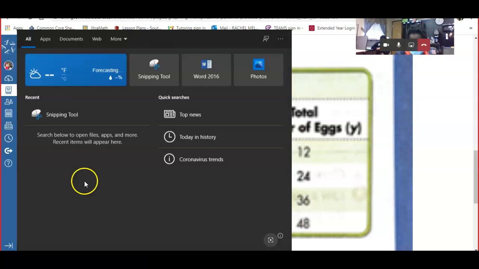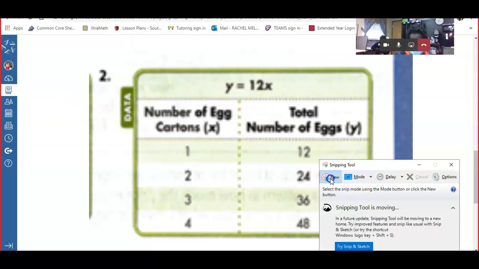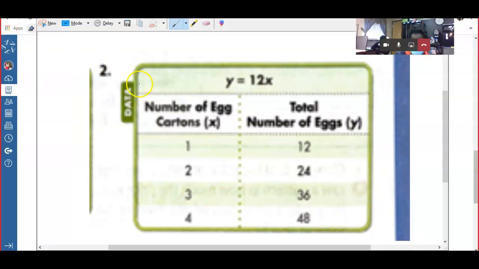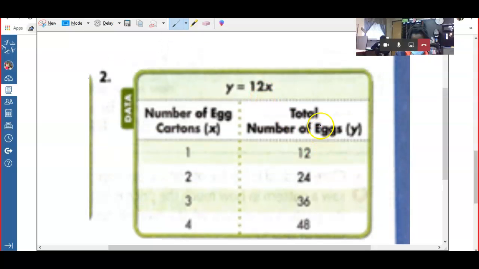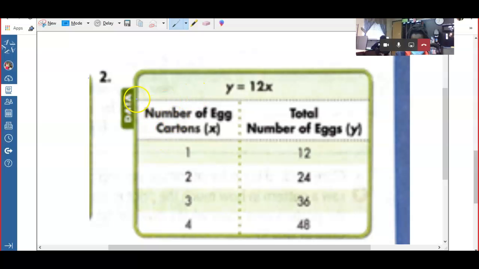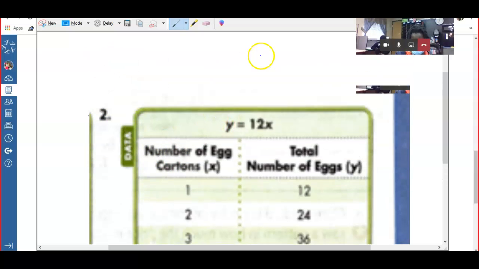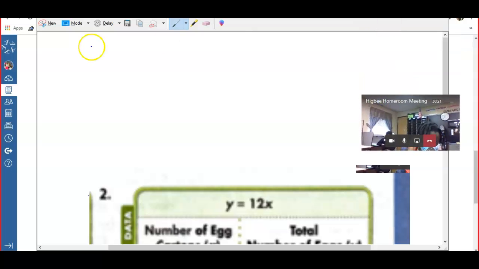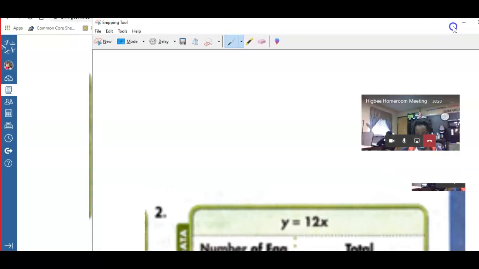It might be a little blurry, but we'll do the best we can. Oh, are you not going to let me do it? Let me think. Oh, there it is. I just can't get to it because of that. Well, darn it. There we go.